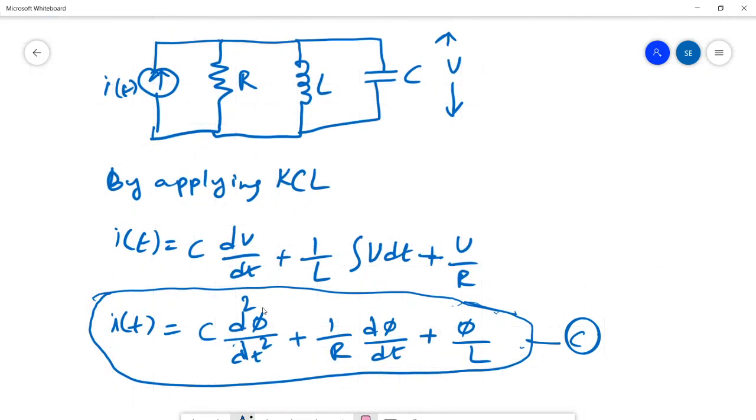So just observe these terms and observe equation C, right? Here we are representing x in terms of phi. There we have d square x by dt square, we have phi here, and similarly the coefficient is m there, here C it is.